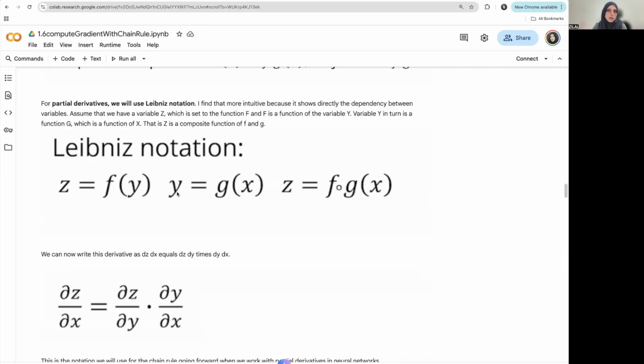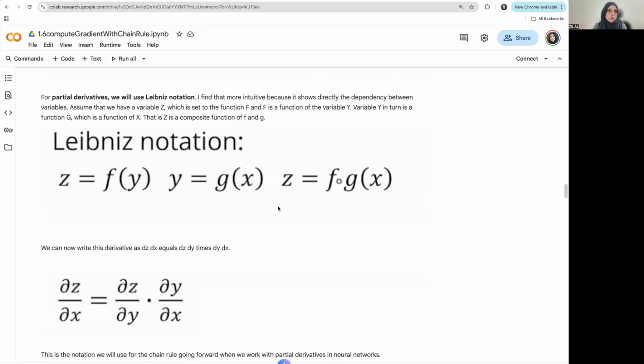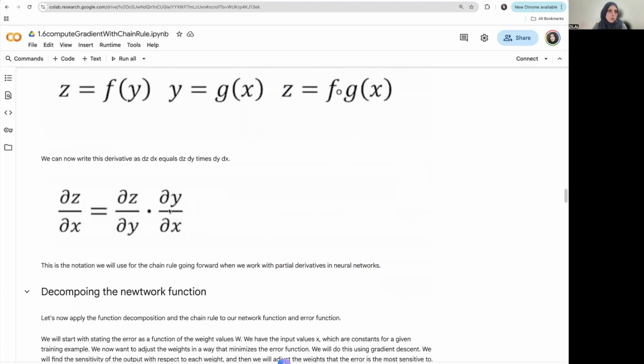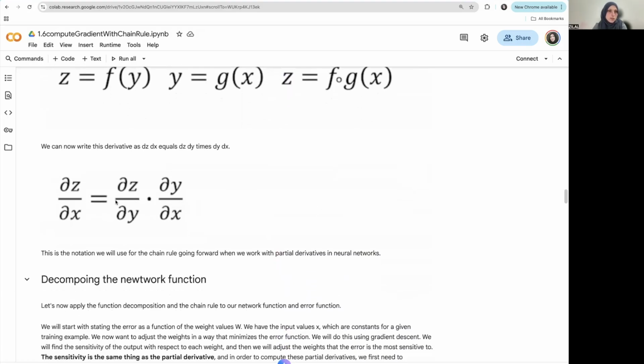Variable y in turn is a function g, which is a function of x. That is z, a composite function of f and g. We can now write this derivative as dz/dx equals dz/dy times dy/dx.